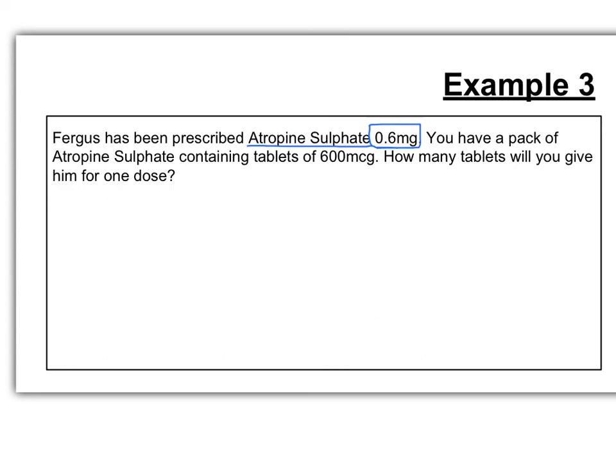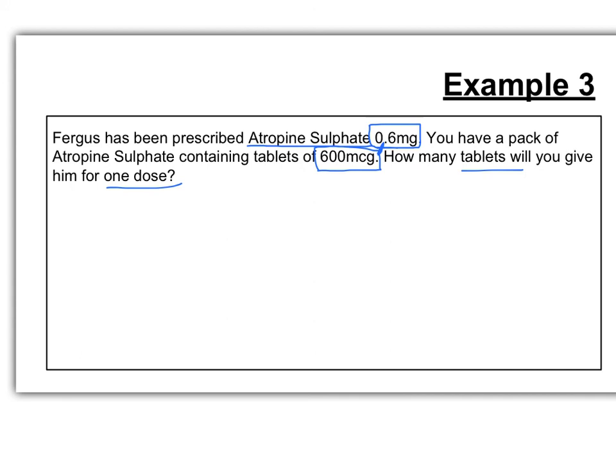However, in the back of the van you have a pack of tablets, and each tablet contains 600 micrograms. So not milligrams, they're micrograms. They're different units, and this is where the question becomes a little more complicated. We've got to work out how many tablets you'll give Fergus for one dose to get his 0.6 milligrams.